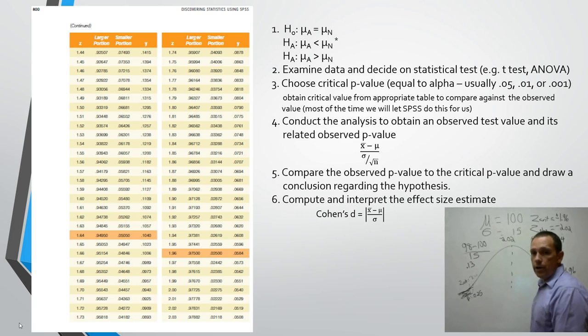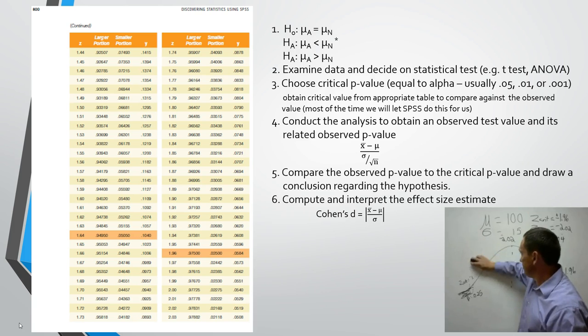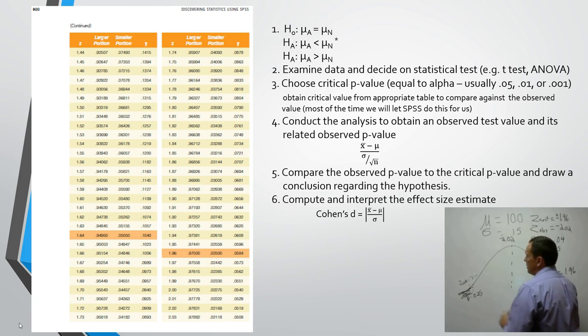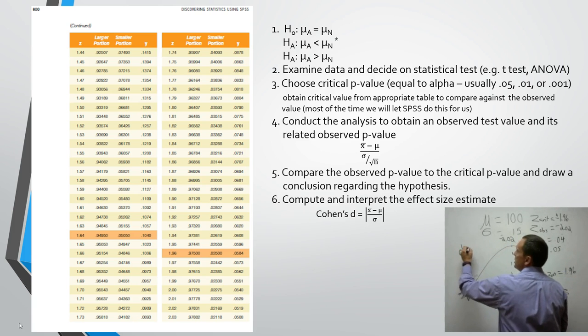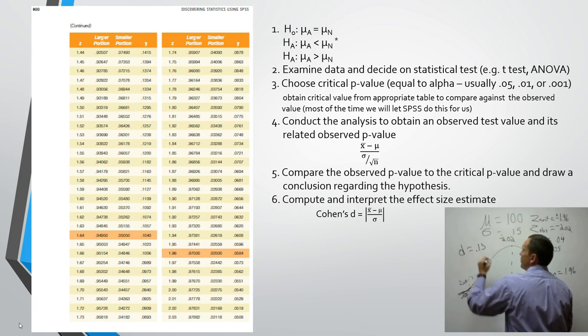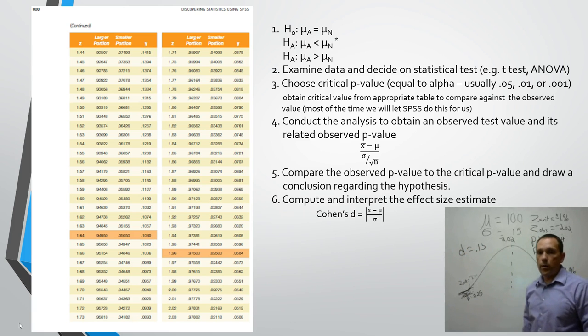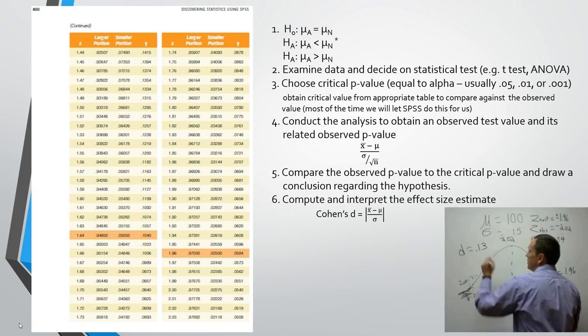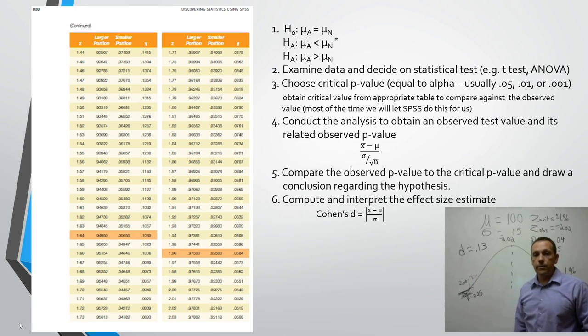All right. So our little d, Cohen's d is going to equal 0.13. As I'm looking at this on the screen, it doesn't really look like a 3. So it's 0.13. So Cohen's d is 0.13.